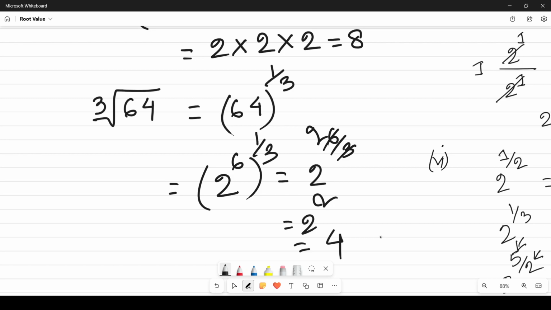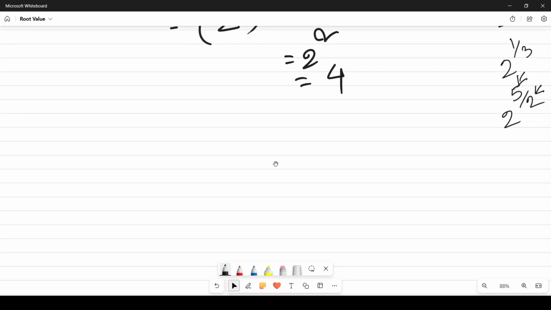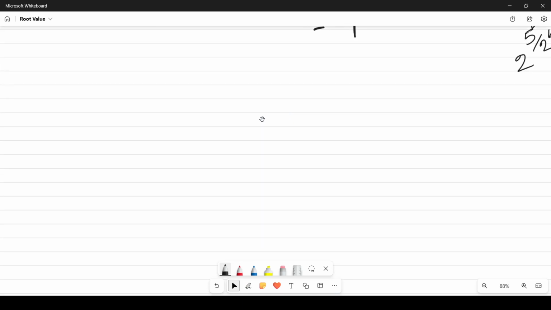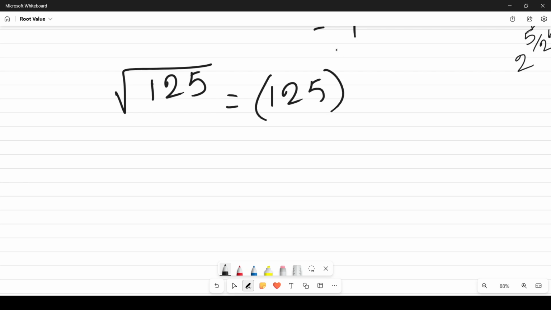So this is the easy way of doing square root or any root of a number. When you are doing large numbers, let's say if you want to calculate the square root of 125, just try to find that same base, right? The same base value where you get the power 2, because you know that square root is actually a fractional power, which is half.